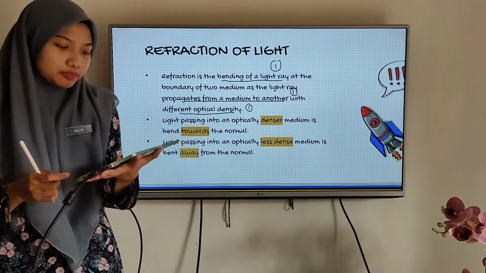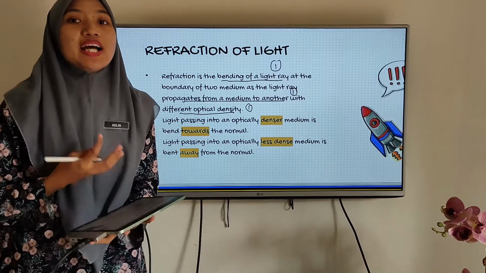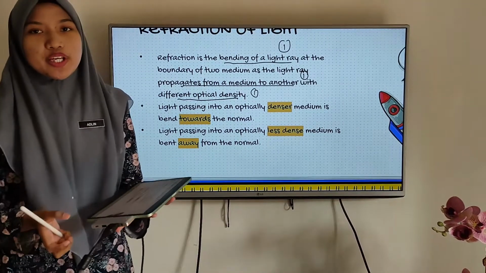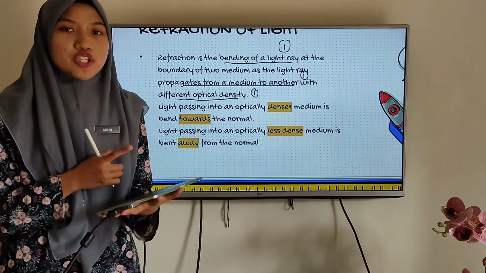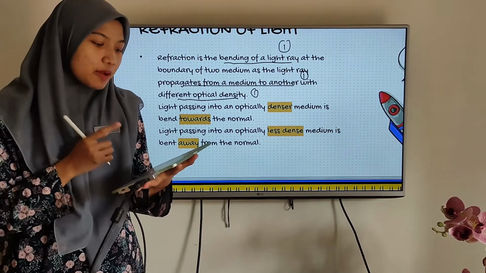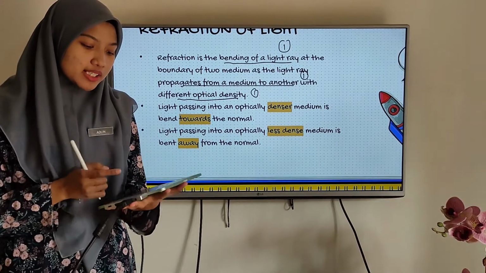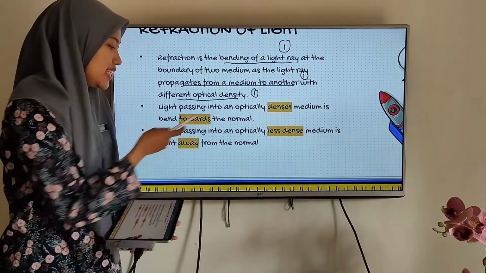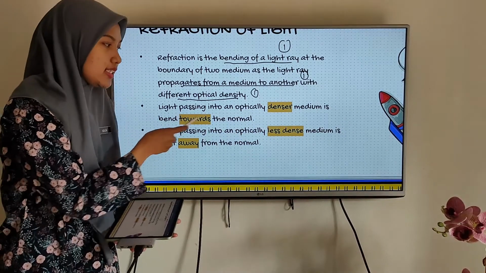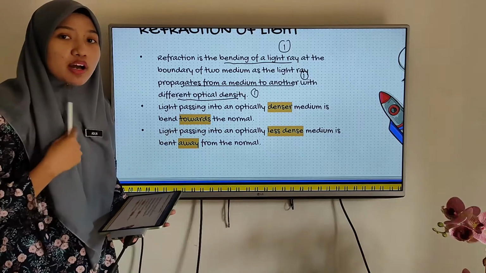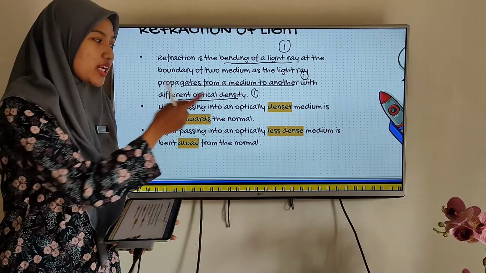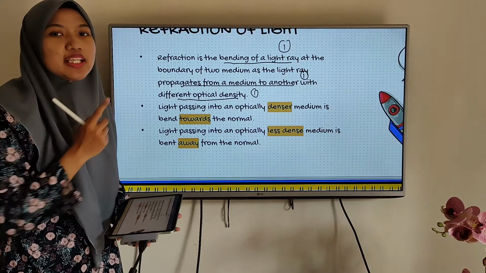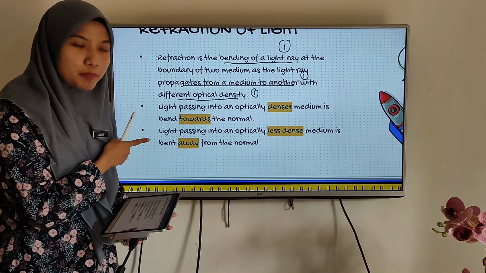Alright. To further our understanding, you have to remember this theory or concept of the refraction of light, which is that light passing into an optically denser medium is bent towards the normal line. After this, I want to show you what the normal line is, which is a term used in the refraction of light topic.